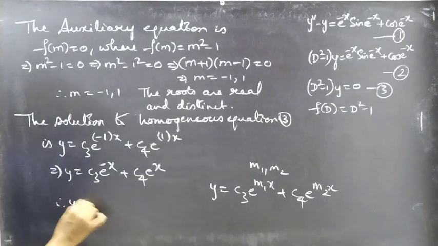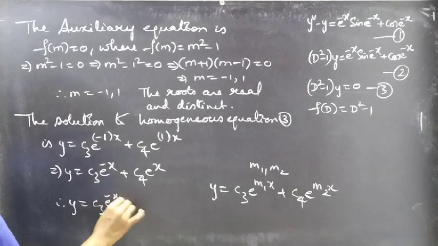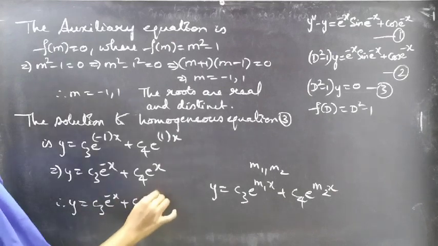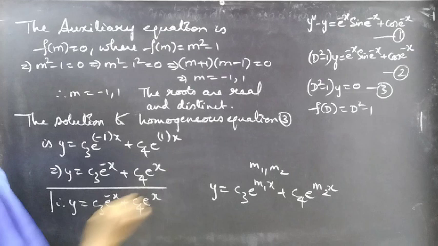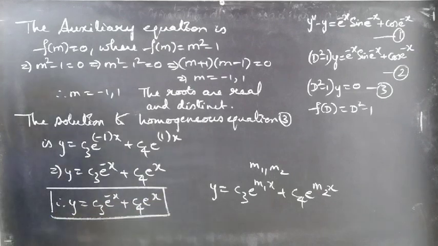Therefore, y equal to c3 e power minus x plus c4 e power x is a solution to our homogeneous equation.